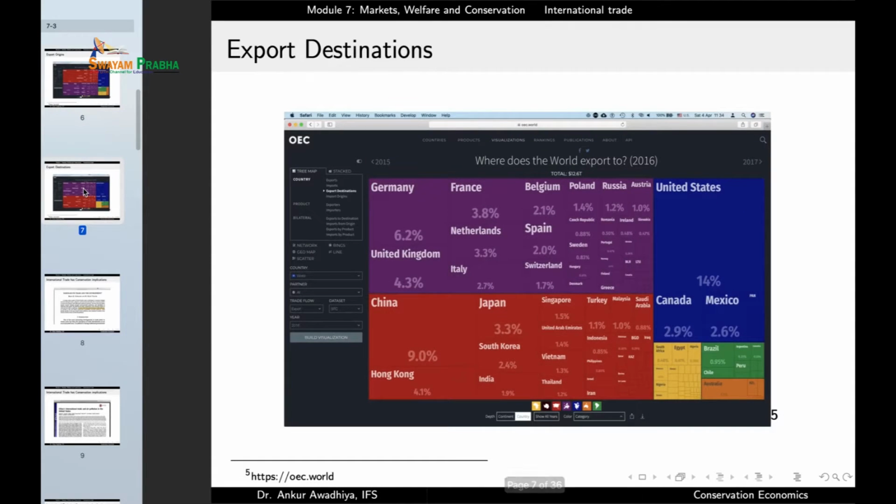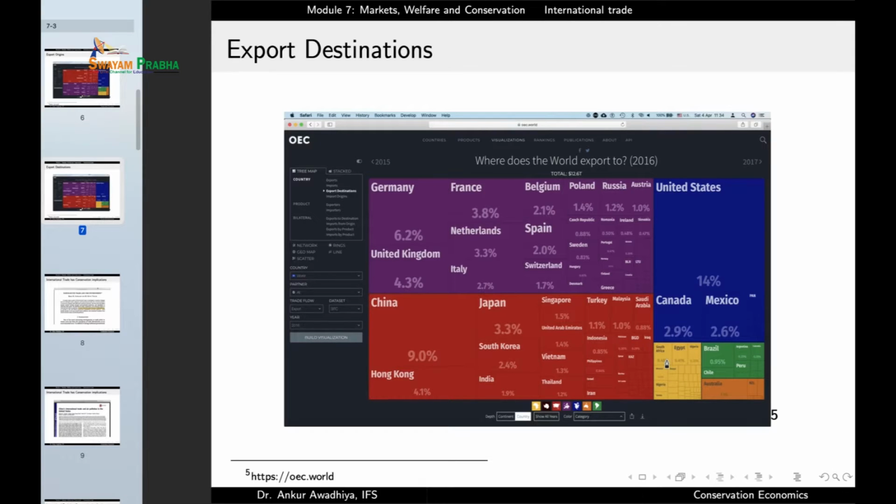And the goods are exported to a number of different destinations. If you look at destinations, the United States is importing around 14% of the global imports. So, this is the largest import destination. A large quantity of goods and services are exported to the United States.